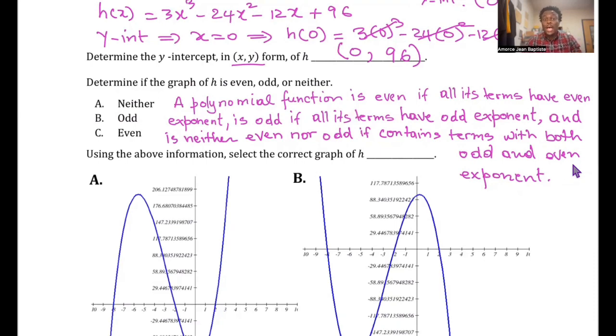We have an algebraic way to prove that, or we can look at the expression of the polynomial function and identify it. But we remember odd functions are when f of negative x is the same as negative f of x.